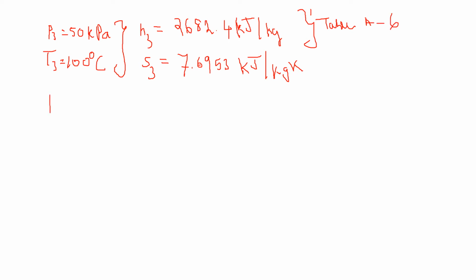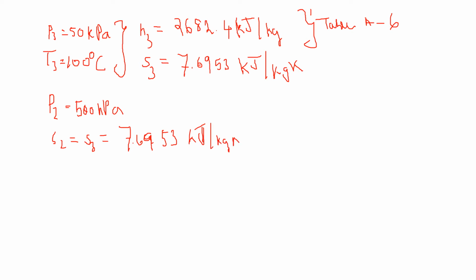Now for state 2, what do we know? We know P2 is equal to 500 kPa, and we know S2 is equal to S3, which is 7.695 kilojoule per kilogram Kelvin.